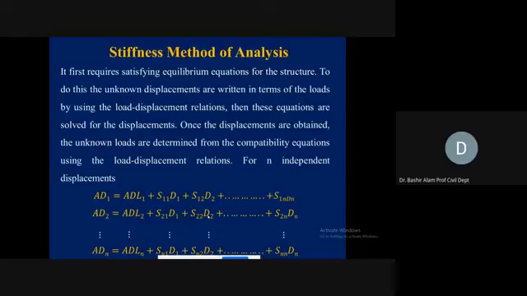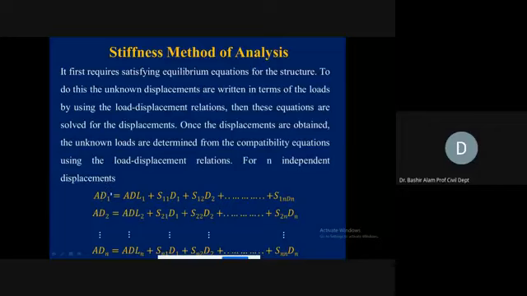So we write the load displacement relation. Then these equations are solved for the displacements. The only unknowns in the equations will be the displacements. If you look at it again, we will have four parameters. One will be AD, which you can see here in the orange. It corresponds to the DRS.